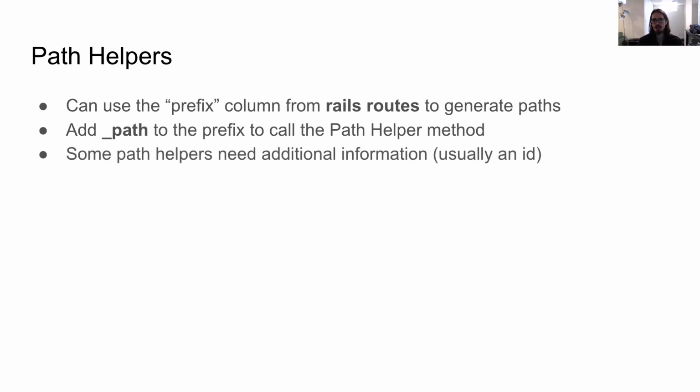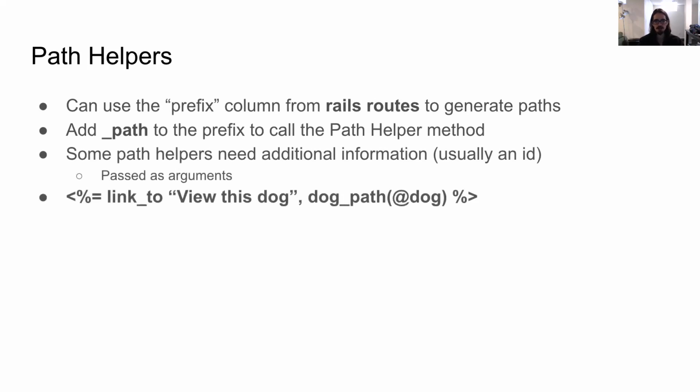Sometimes your path helpers need additional information, like an ID, and you can pass those as arguments. A very common way of using path helpers is with a link_to, say a link to view this dog. This would probably take us to a dog show page. We would use the prefix here for the dog_path, and we would have to pass it the dog object to give it its ID.